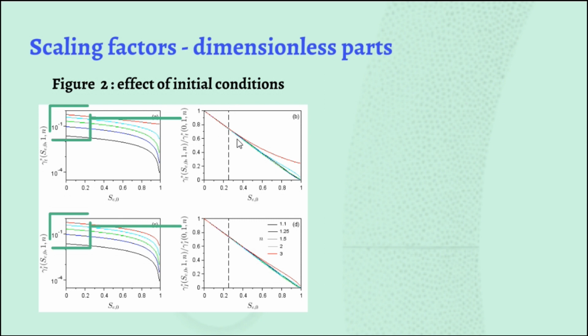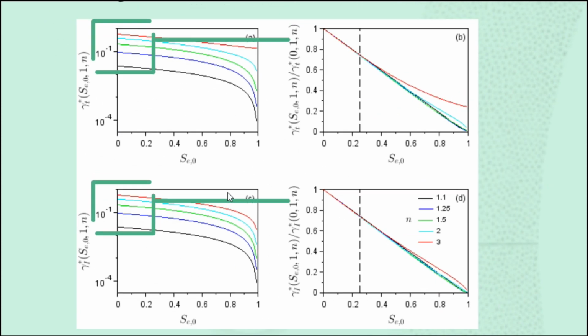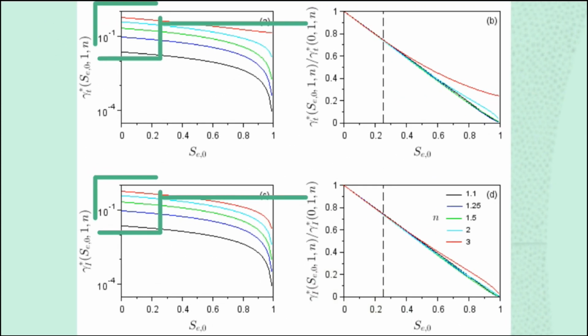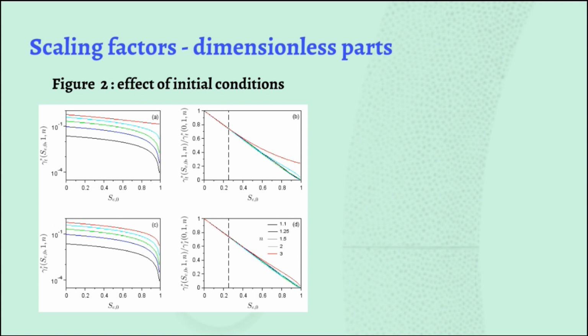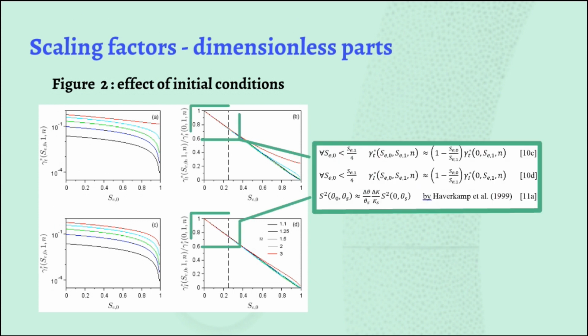And this is all the more true when the initial saturation degree is lower than a quarter of the final saturation degree. So this finding is important because it helps a lot the computation of the dimensionless scaling factors.